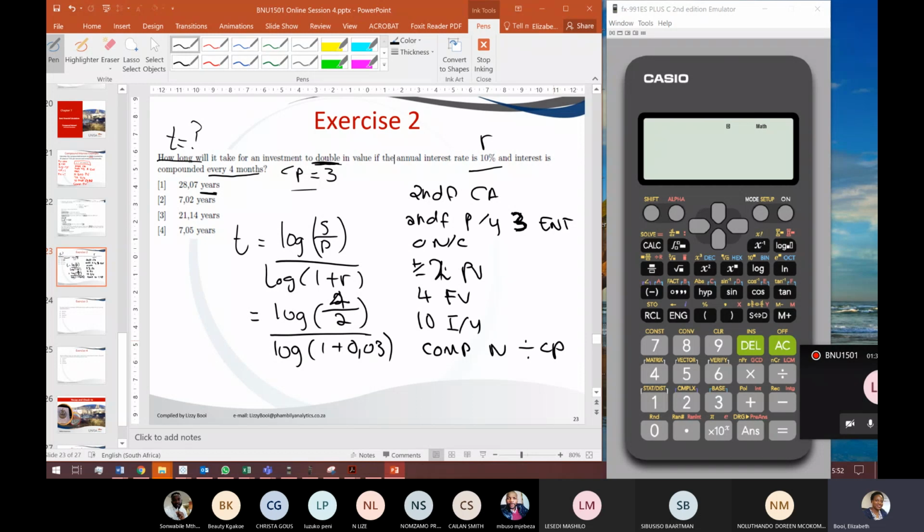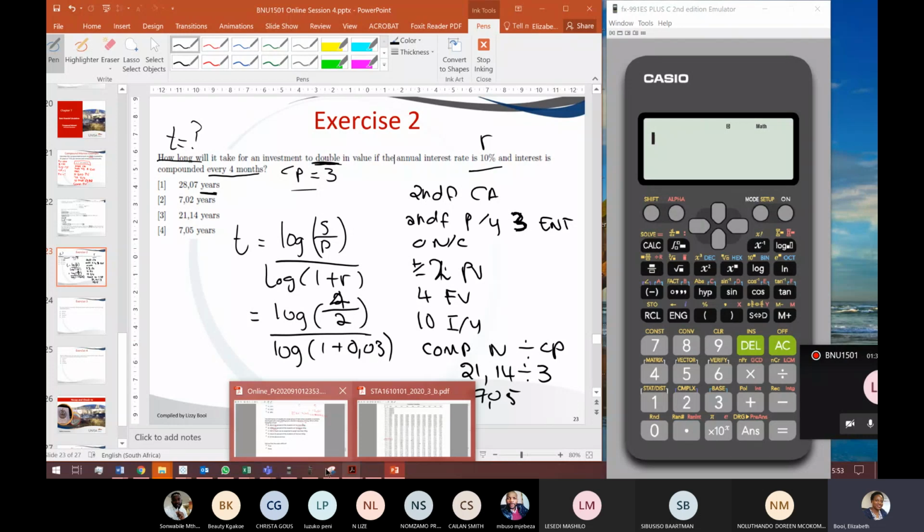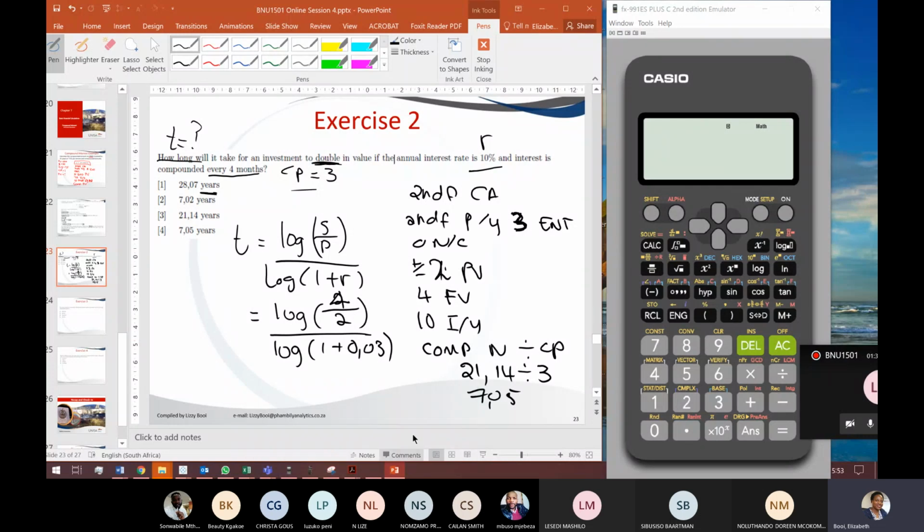10 is my interest. Comp N is 21.14. So why do I get the wrong values here? I get 21.14 and I need to divide this by 3. Divide by 3, the answer is 7.05. So let's see what I did wrong on this one.